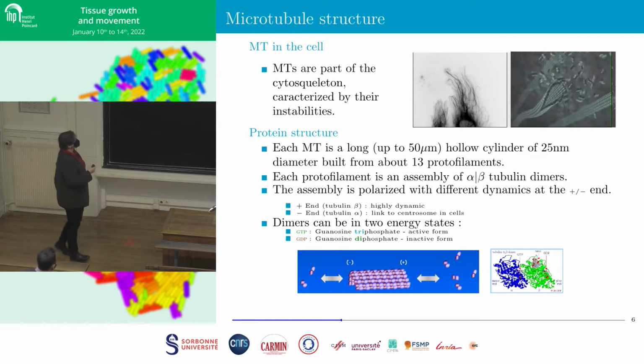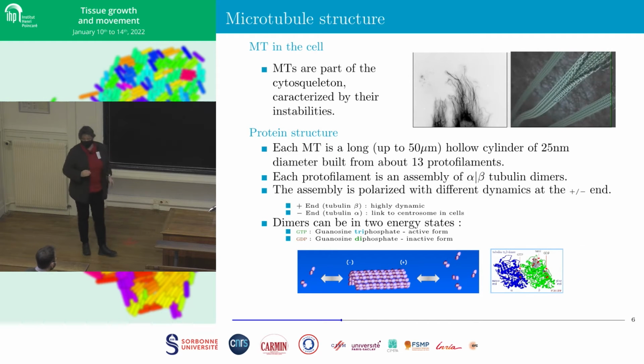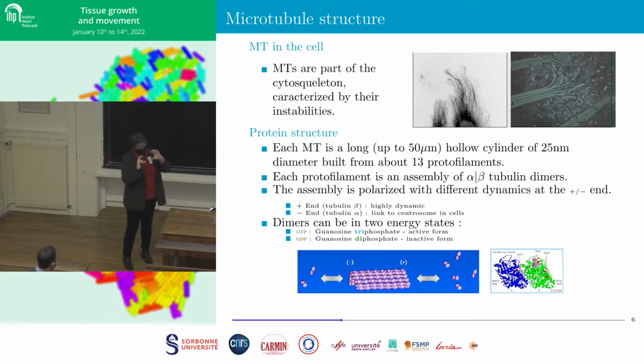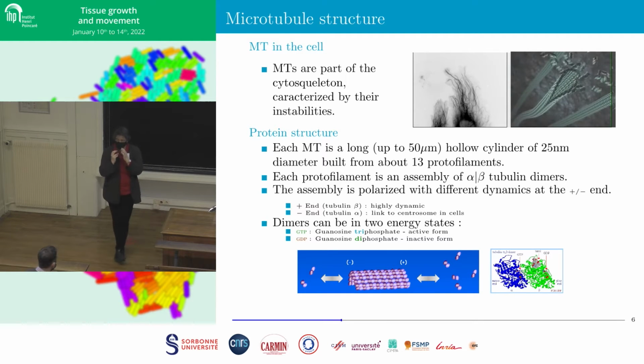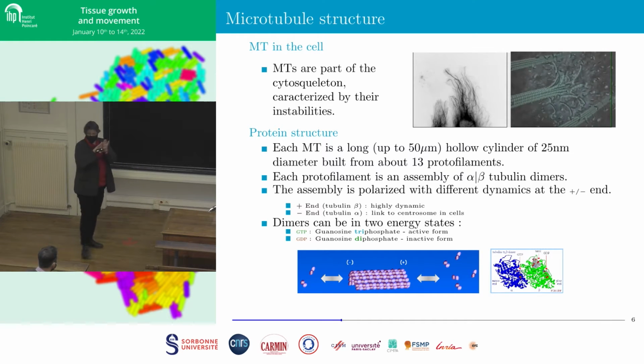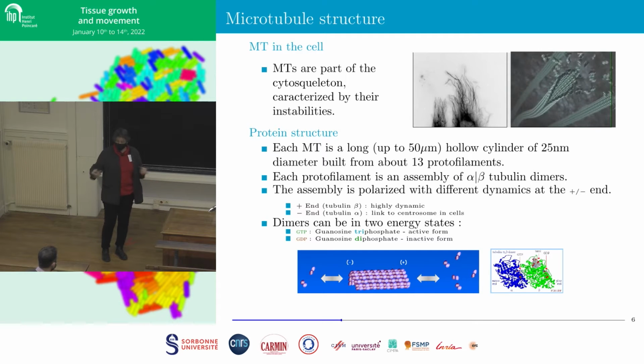And if you look at the cartoon, when the tube is open, you can imagine that the open part of the tube is a kind of stabilizing cap. And when this stabilizing cap closes, the microtubule depolymerizes.